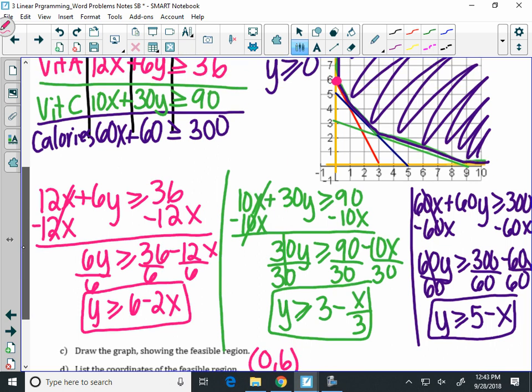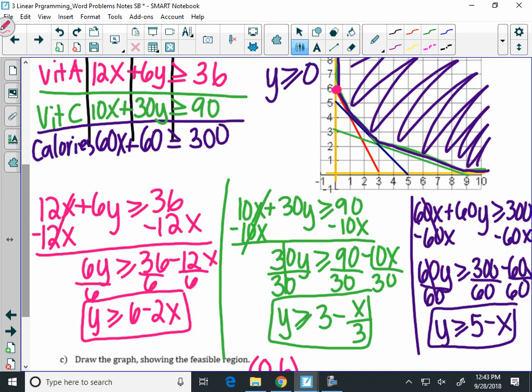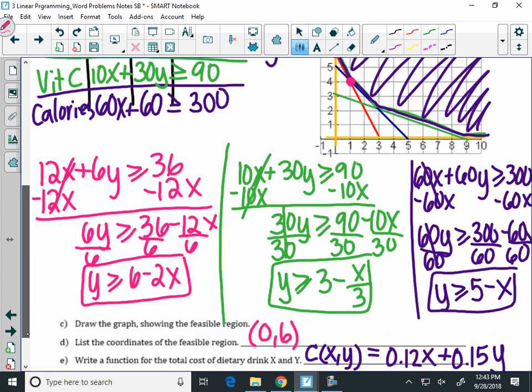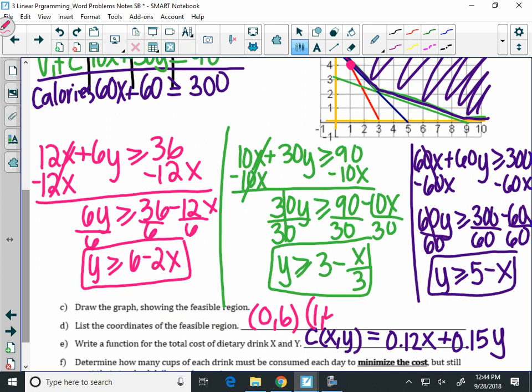Where's your next ordered pair? Let's just try to go in order. Where did the 2 lines right here cross? 1, 4. And then after 1, 4, 3, 2. Yep. And then one more, 9, 0.